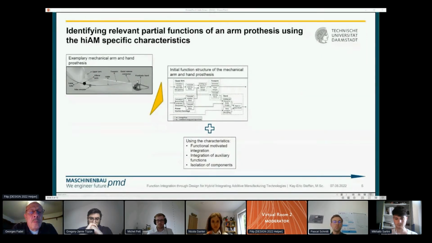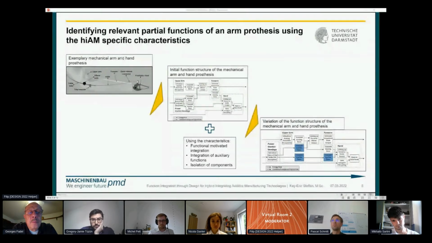Furthermore, they are necessary auxiliary functions to enable the movement of the forearm and hand. These auxiliary functions interact with the environment and can get caught in obstacles. This can be prevented by shielding environmental disturbances. This corresponds to the presented characteristic 3, 4, and 5. These incentives are used to vary the function structure.